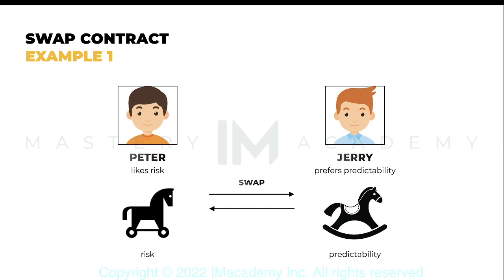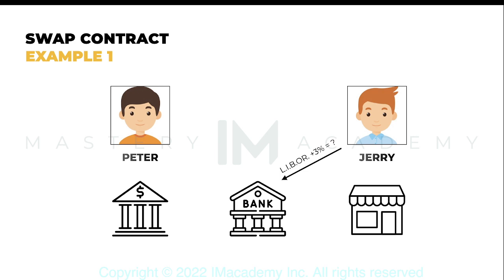Okay? So now, how does this work in the business world? Because that was an easy example. Let's skip forward 20 years, and we will find out that Jerry now owns a local store and Peter has become an investment banker.